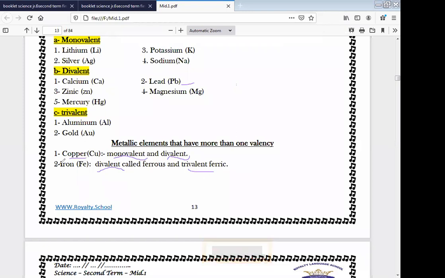You should know the name of iron in each case. The divalent iron is called ferrous. The trivalent iron is called ferric. So we have two elements that have more than one valency: copper, mono or di, and iron, di or tri. The divalent iron is called ferrous. The trivalent iron is called ferric. Okay?